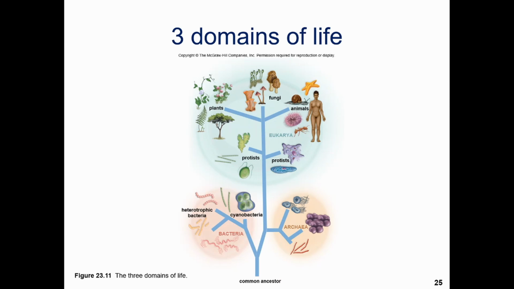That includes plants, fungus, animals, many protists of all different types, all fall in Eukarya. There's also domain Bacteria and domain Archaea. Both bacteria and archaea are prokaryotes, but they do have some key differences in how they organize themselves that split them into two separate groups. We're not going to get into domain bacteria and archaea, so we'll leave them at that.